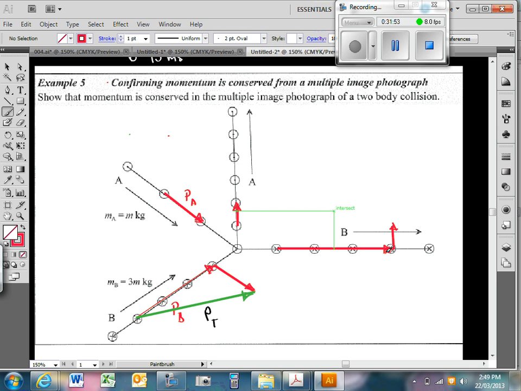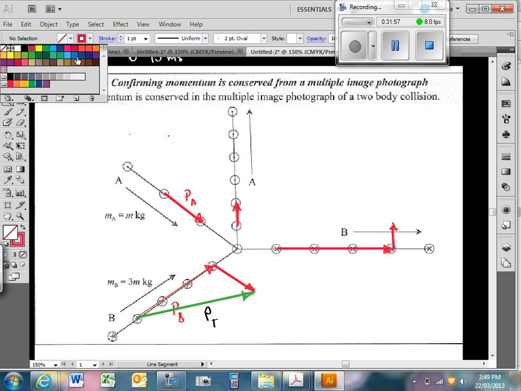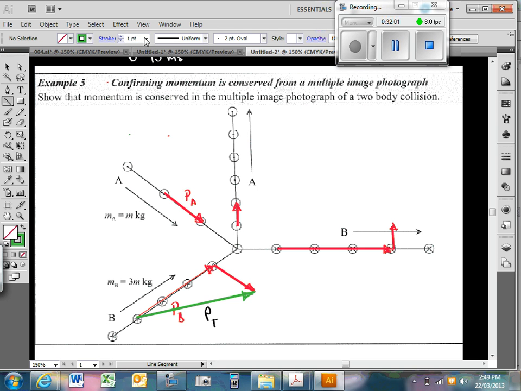Draw the arrow vector. We're going to draw a green vector in there too. The resultant, which looks like this. Vector addition of those two. What's interesting about that? It's a different color, but it's equal in magnitude and direction to the total momentum of the system beforehand.